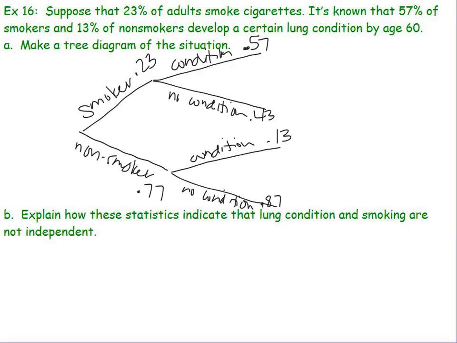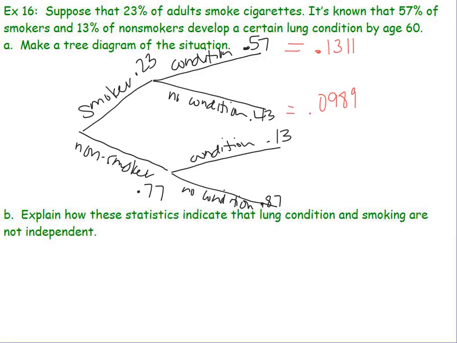So now we need to finish our tree diagram the same way we finished the public school one. You're doing some multiplying. Smoker and condition, multiply, you'll get 0.1311. Smoker and no condition, multiply, and you'll get 0.9, try that again, 0.0989.